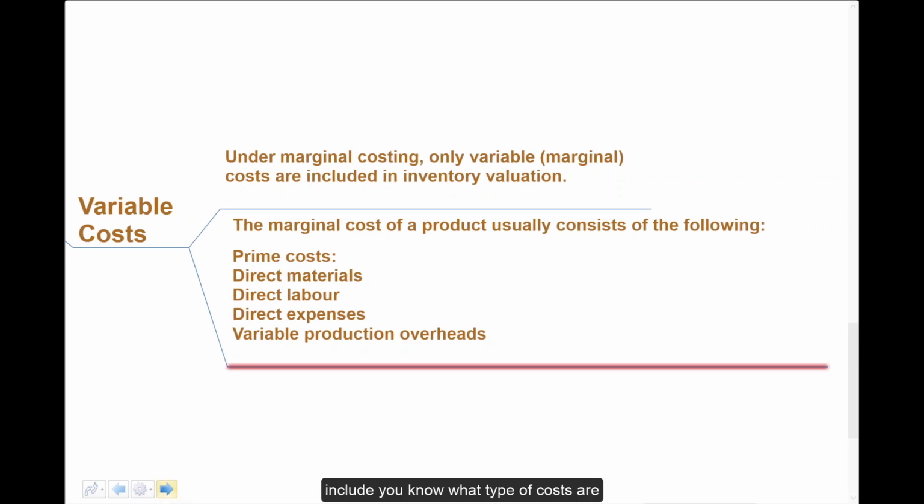What type of costs are we talking about? Well, we're talking about what is generally referred to as the prime costs. In one sense, the more important costs: direct materials, 2 kg, direct labor, 3 hours, direct expenses, variable production overheads. Those four main areas are our variable or marginal costs. Okay?